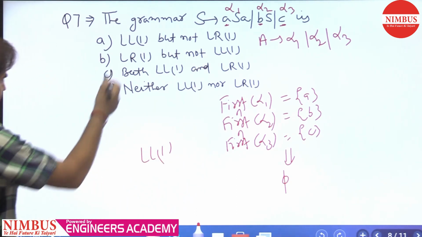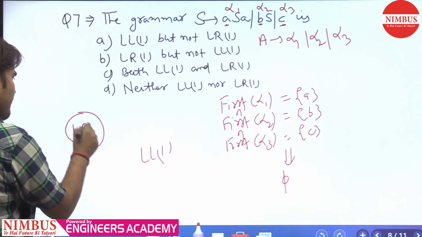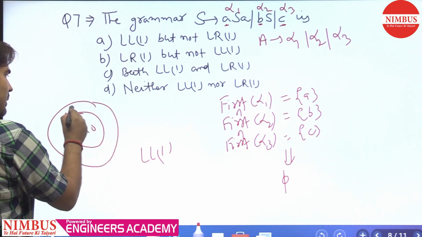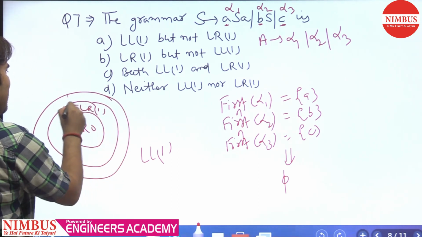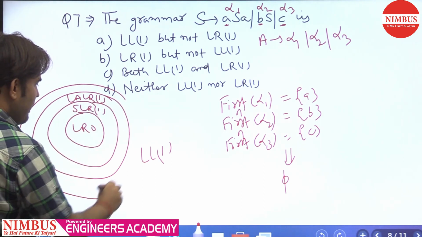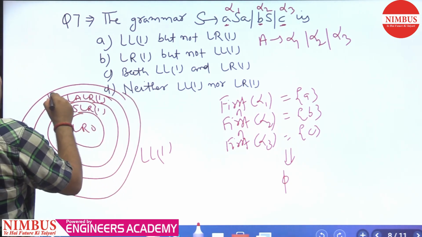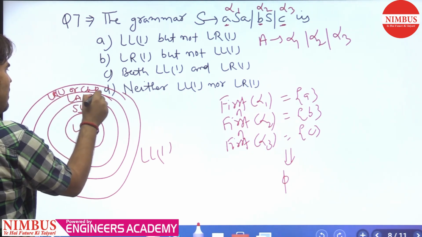इसके लिए हमारे पास पार्सर्स का रिलेशनशिप डायग्राम होता है. LR0, then SLR1, after that LALR1, after that LR1, or you can say CLR1. Both the things are equal.